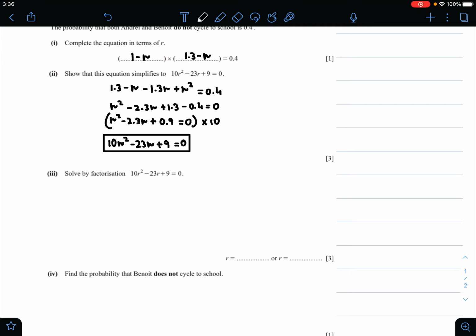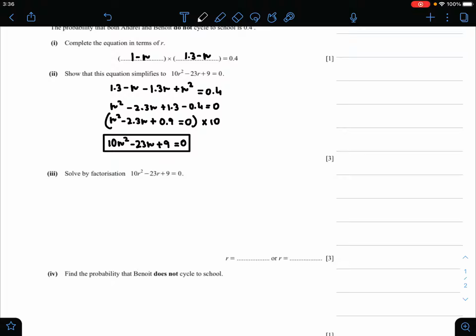Now we have to find two numbers that give us a sum of negative 23 and a product of 90. So how we do that is by trial and error.